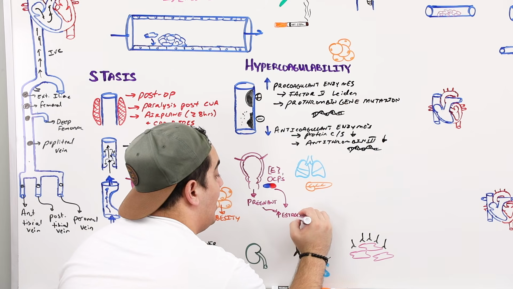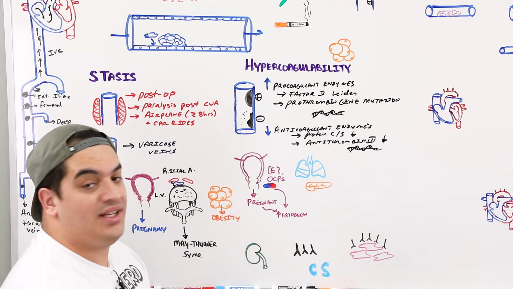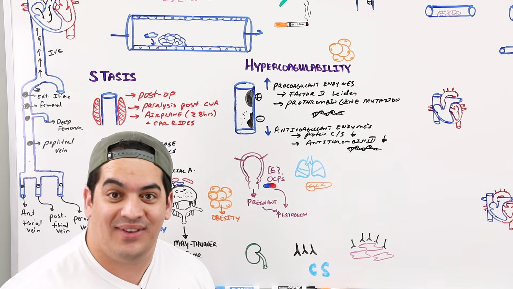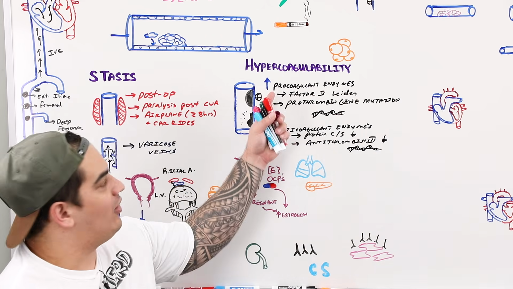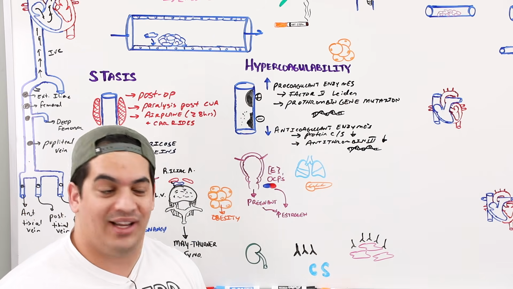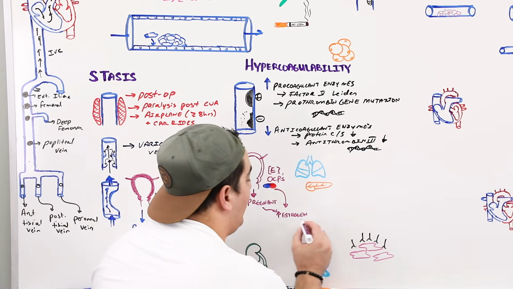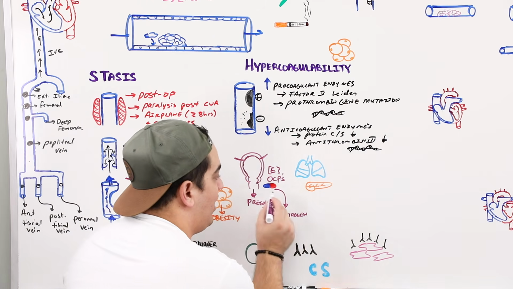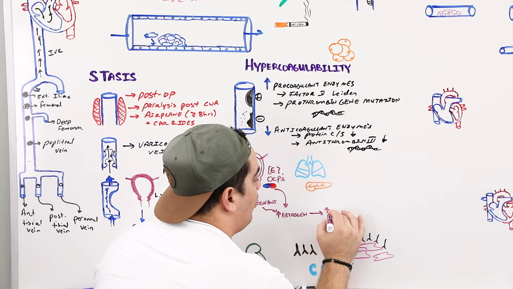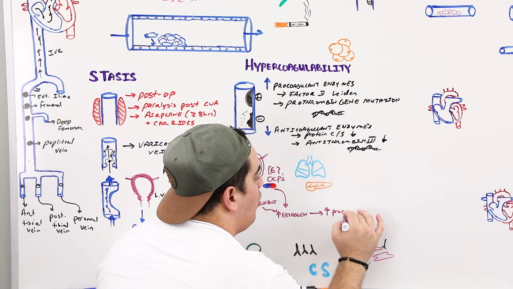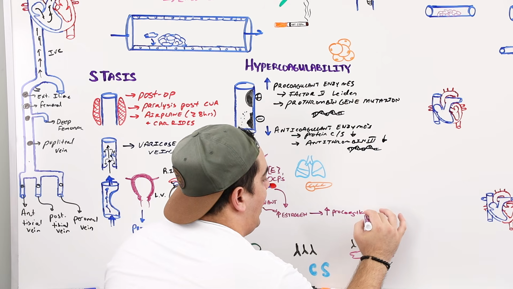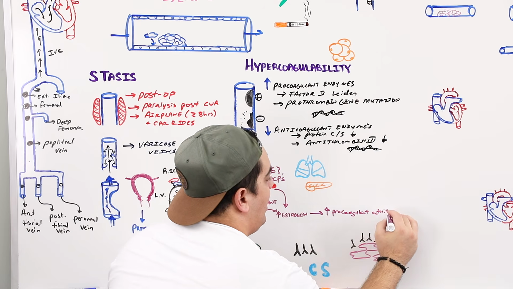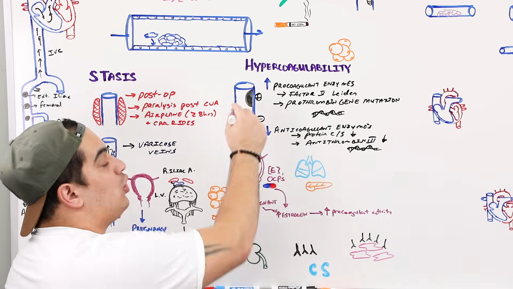Estrogen increases procoagulant activity and decreases anticoagulant activity, as in hypercoagulable conditions. So please don't forget that high estrogen from pregnancy or OCPs increases procoagulant activity, and that increases the risk of forming clots.